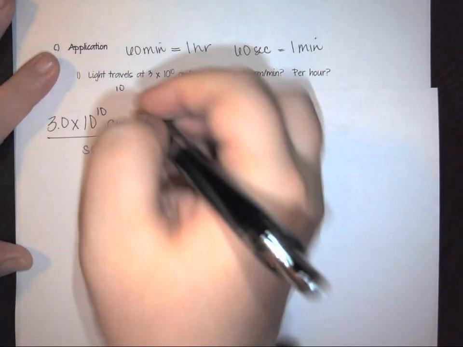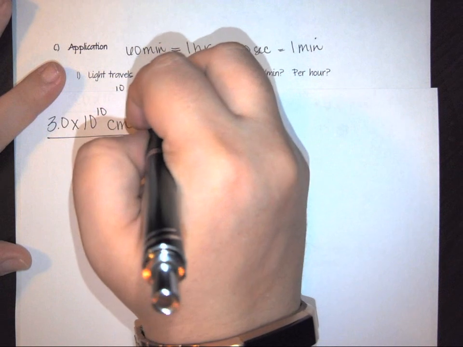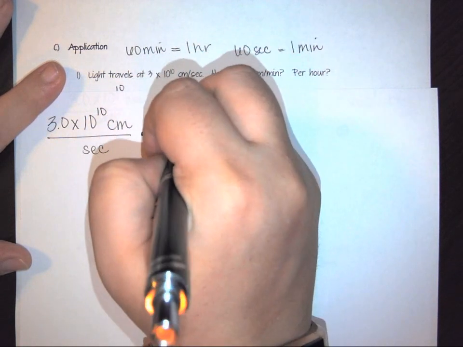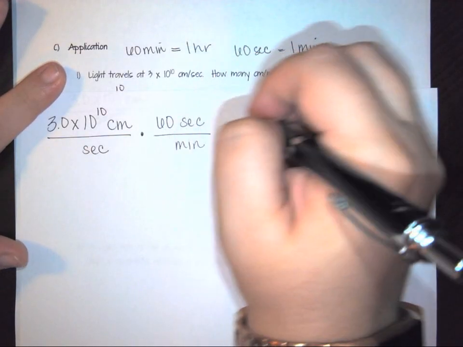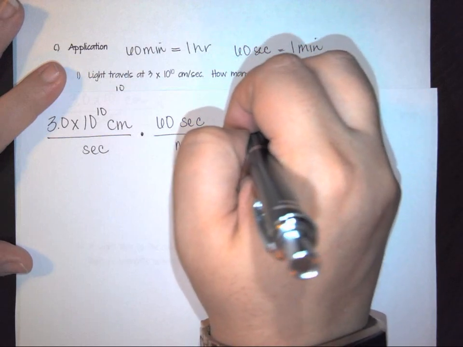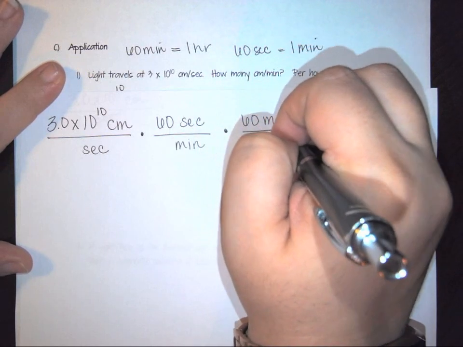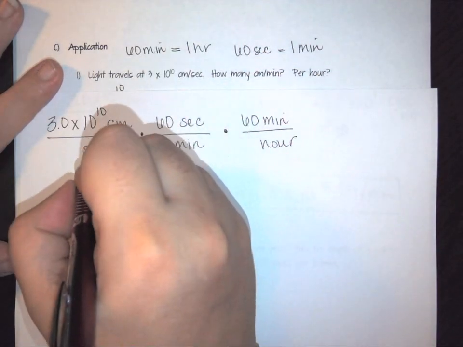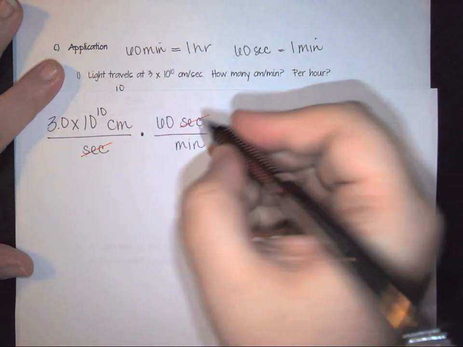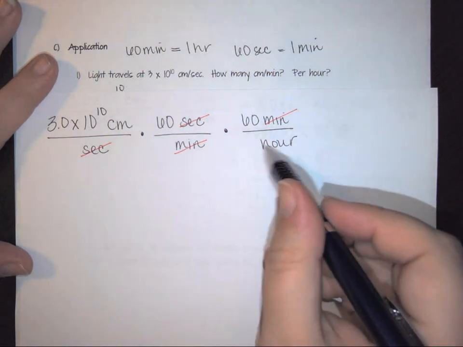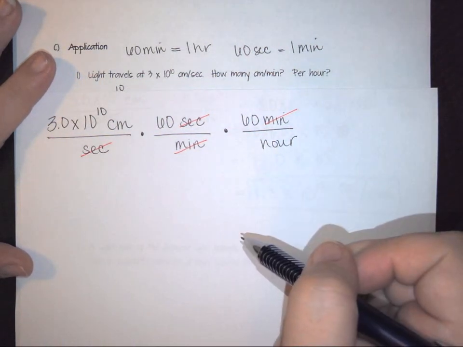So we have to multiply this by 60 seconds per minute, and that means multiply that by 60 minutes per hour. So if you pay attention, notice my seconds are going to go away, my minutes are going to go away, and this is going to leave me with centimeters per hour.